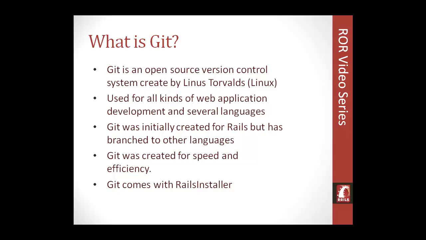I would definitely suggest reading more about Git because it's really handy, and once you start using it, you'll always use it. Git was created for speed and efficiency. Like I said, everything's local, which makes it much faster than a standard VCS. Git comes with the Rails installer, which is what we already installed a couple sections ago, so you already have it on your machine if you've been following along.